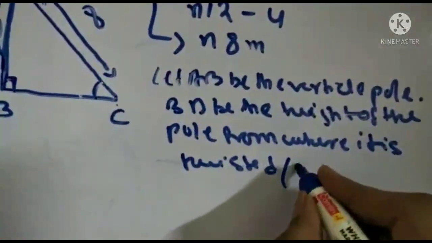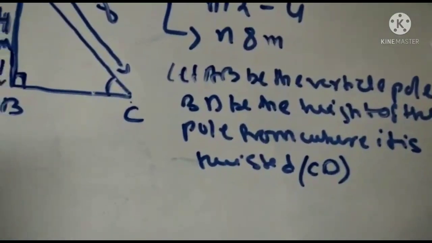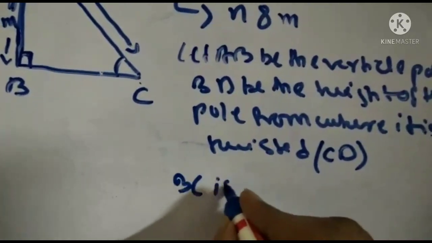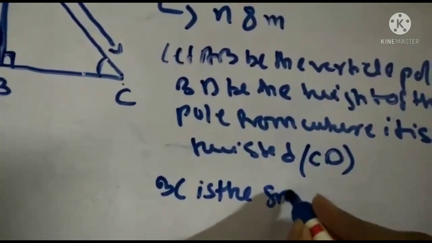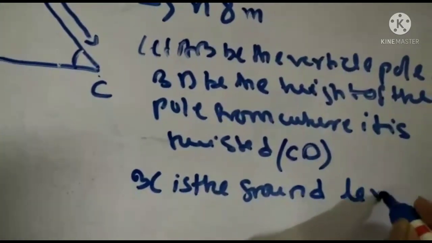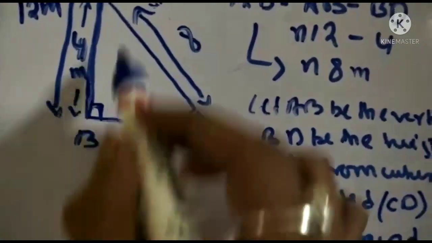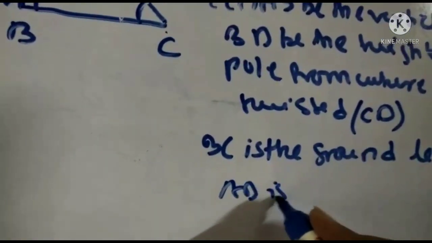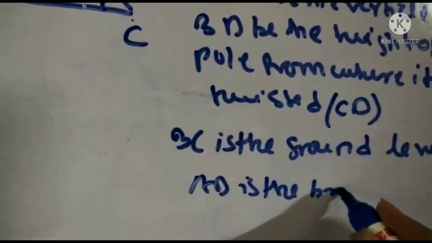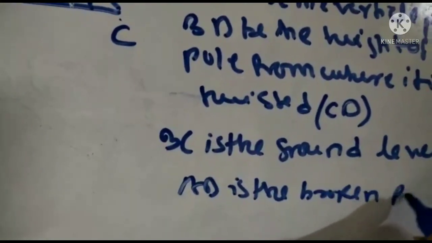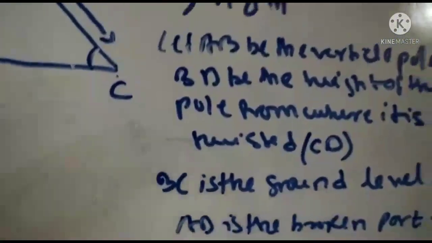CD is the twisted part. BC is the ground level. And BD we have written, and AD is the broken part. So this you have to write.